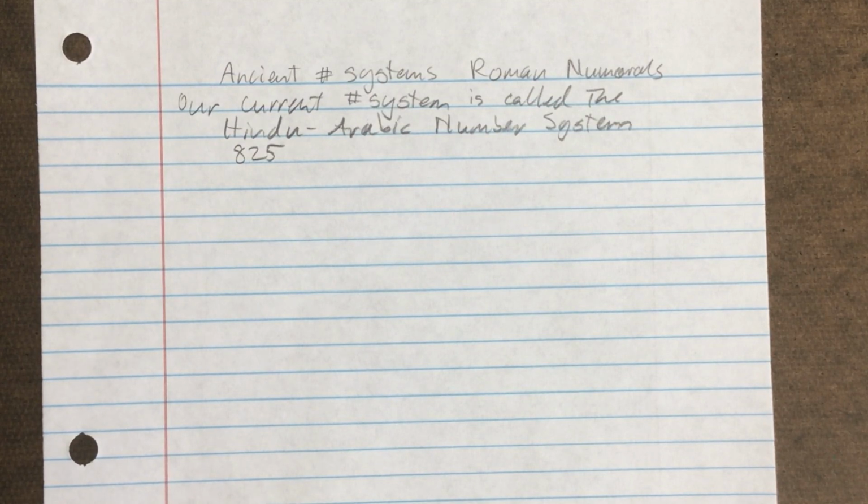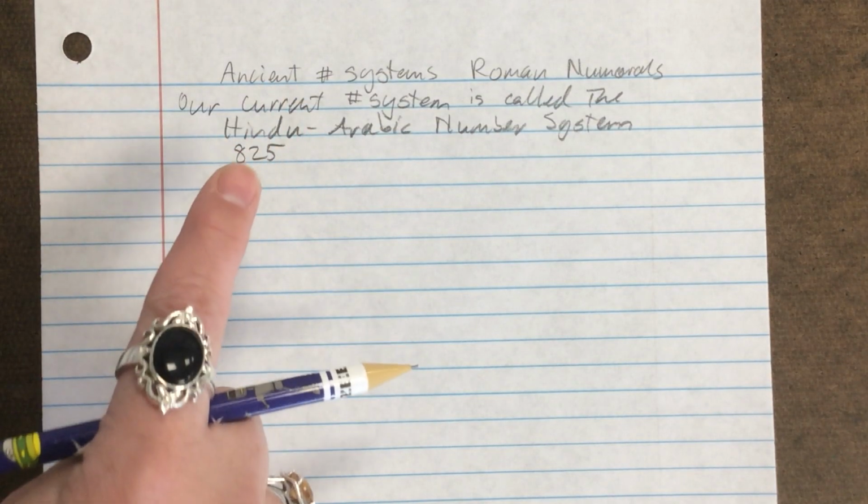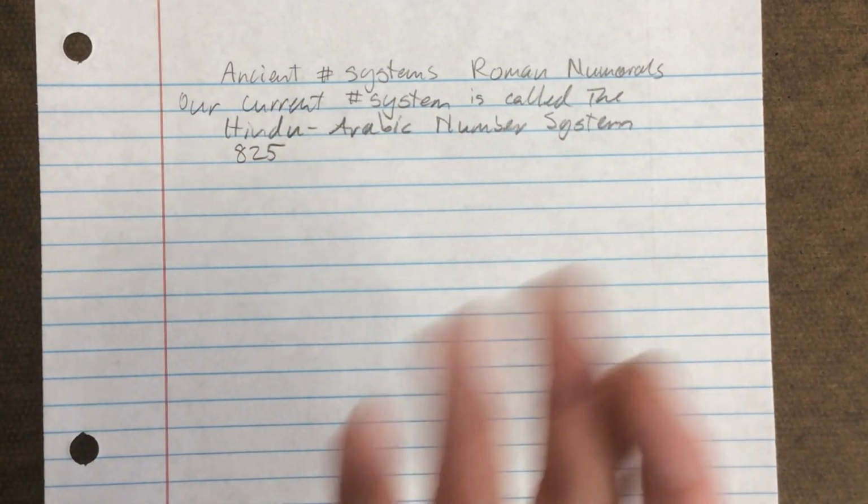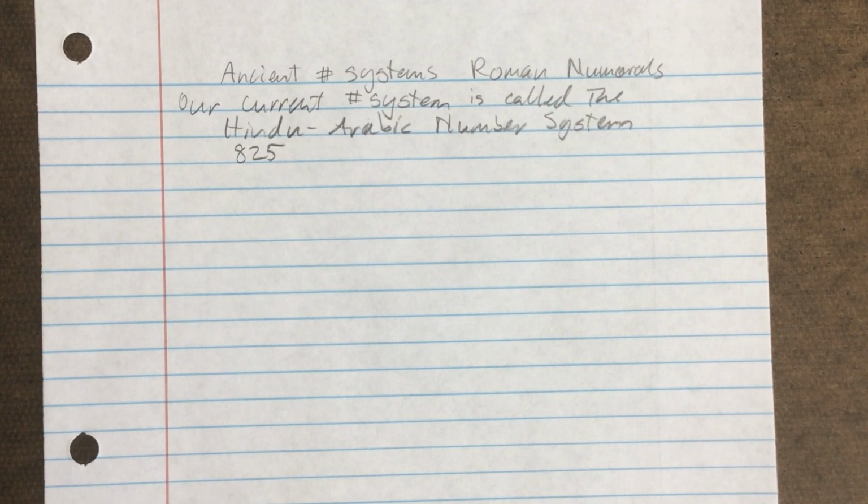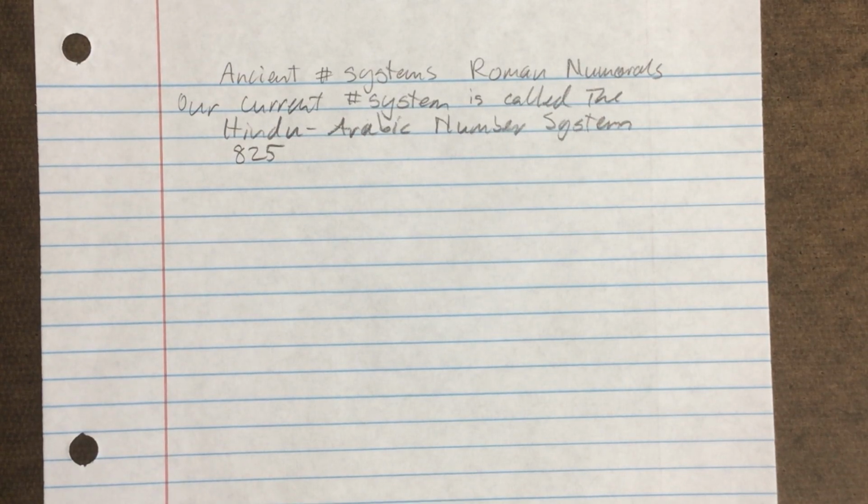He wrote a small book on that subject, and it was translated into Latin, and it was spread throughout Europe. And so after about this point, the numbers became pretty consistent, actually, throughout Europe and then throughout the rest of the world.